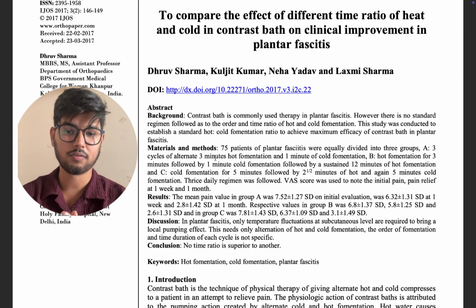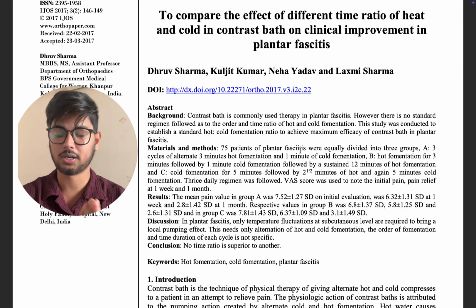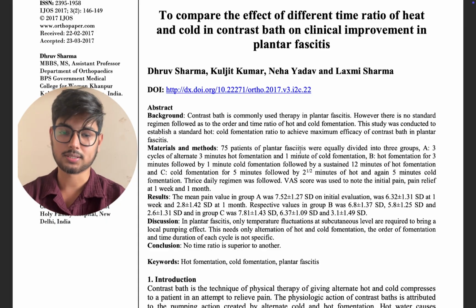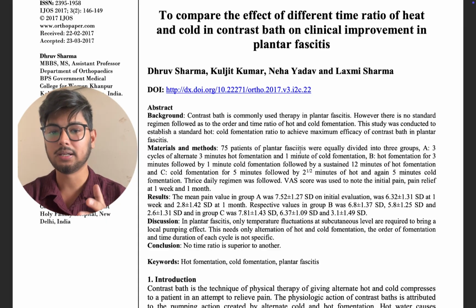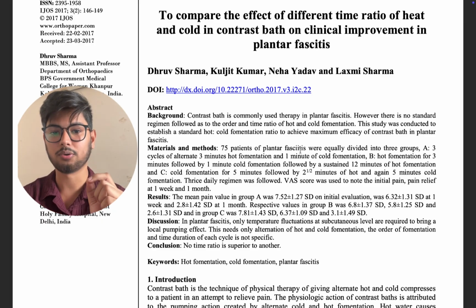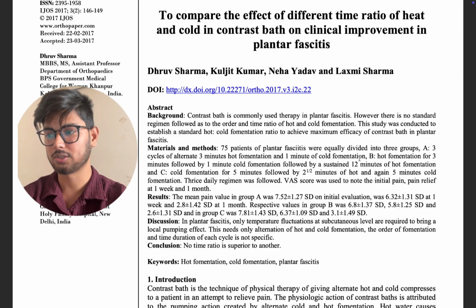So they are not looking at whether the contrast bath is working on plantar fasciitis or not, but they are looking for the standard regime time for the contrast bath. So what can be the ideal time of submersion in cold and in hot for better outcomes on pain, because they are checking the VAS score. As you can see in the materials and method, they have mentioned VAS score, that is used for the pain outcome.